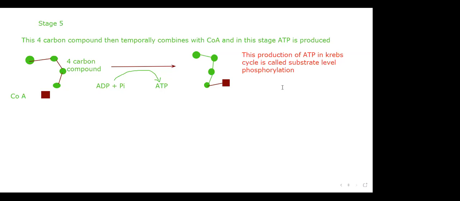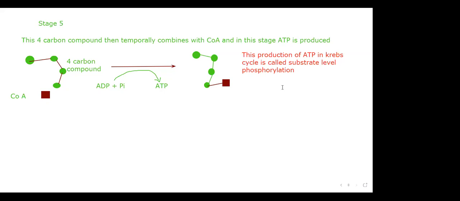For now, remember that in stage 5 of the Krebs cycle, the 4 carbon compound, when it reacts with coenzyme A, releases a phosphate group. That phosphate group binds with ADP to form ATP, right?